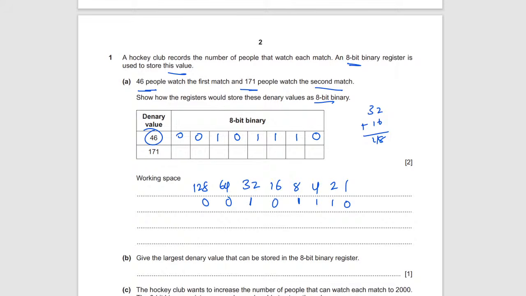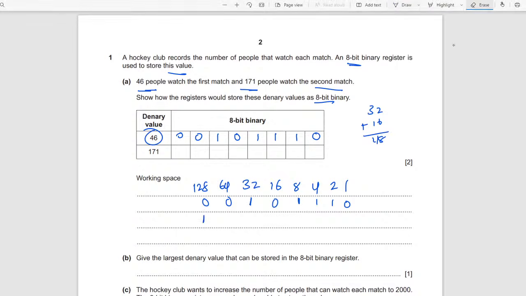We move on. So 171 is the same process. To make 171, let's add 128 first. Because you're not allowed to use a calculator, you have to do it manually, which is a bit annoying, but you should get used to it even when practicing with the paper.